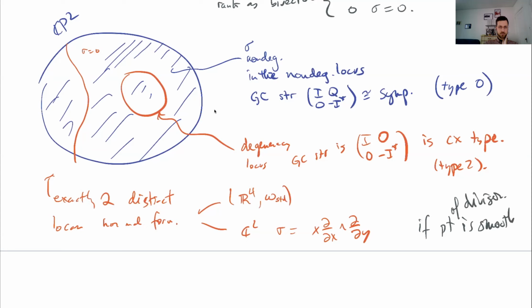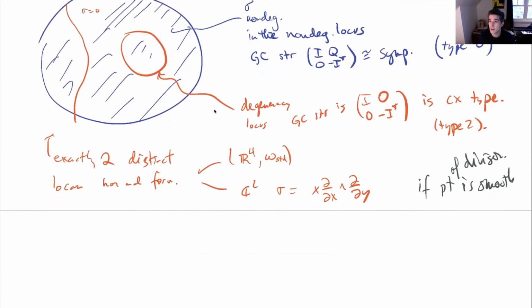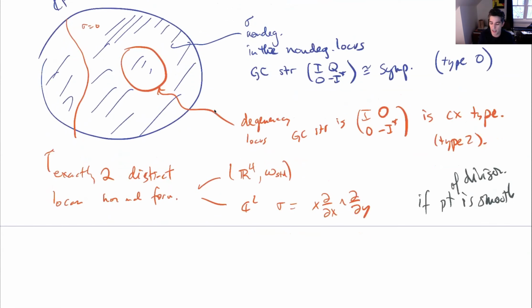But actually, the local normal form says that if you have any kind of singularity, then what that means is that you're providing a germ of Poisson structure which is not isomorphic to x d by dx d by dy.